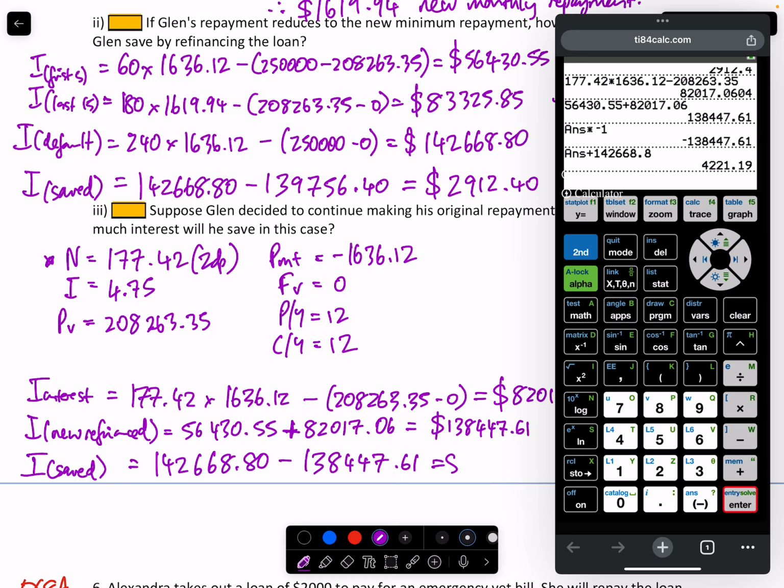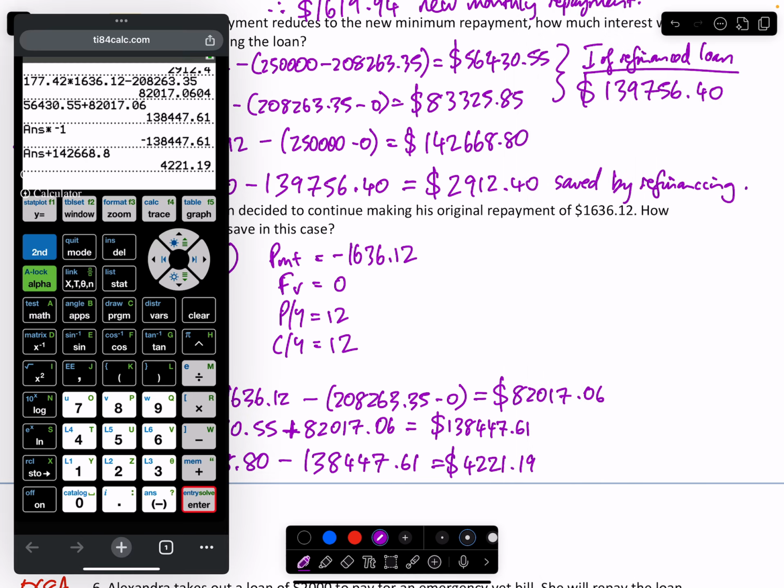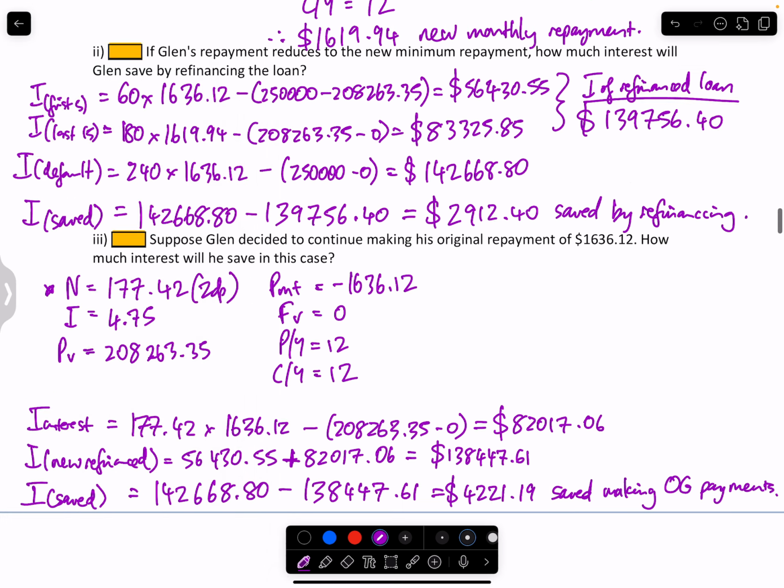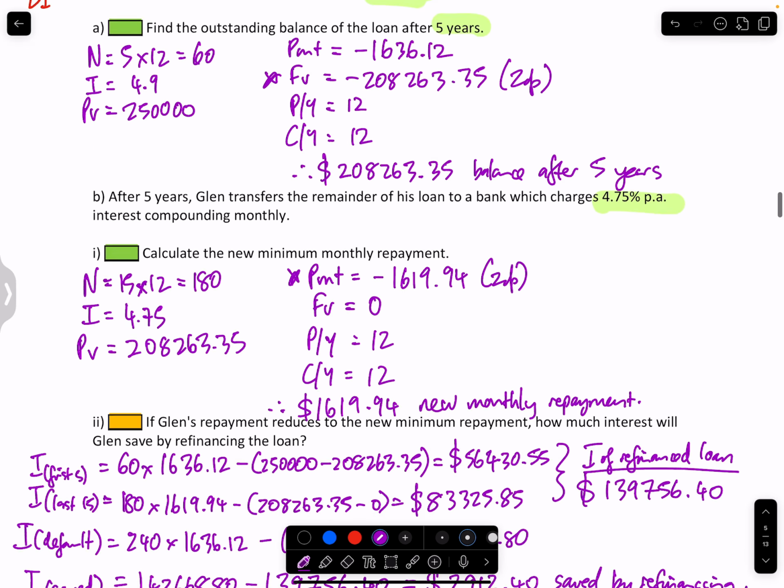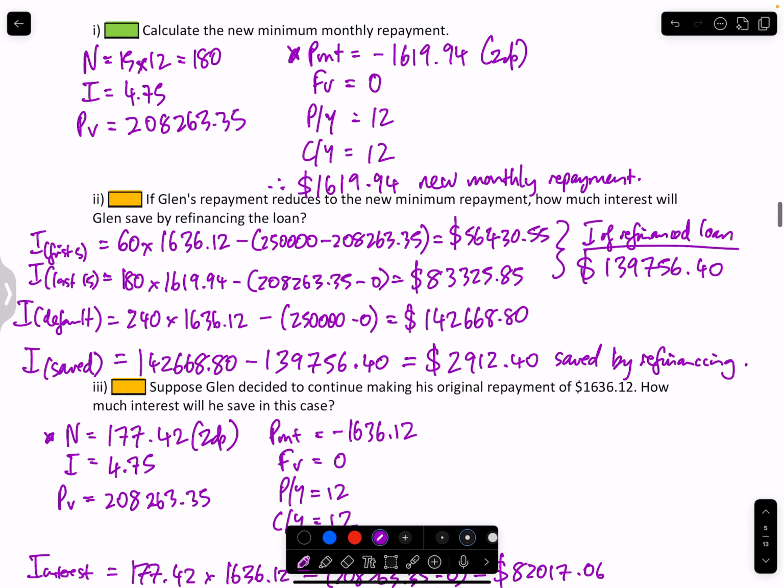So that's going to be $421.19 saved making OG payments. Okay, that's that page done. So question 5A, B, 1, 2, and 3 done.